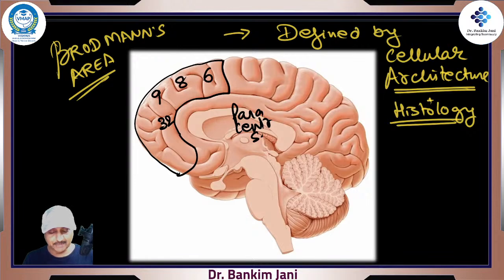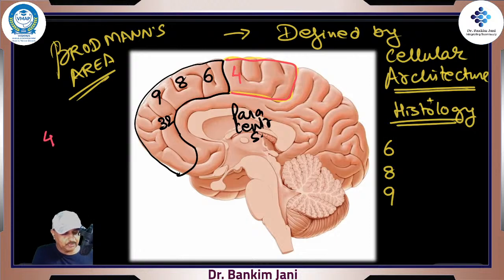So let's see 6, 8 and 9, what will they be doing? Which area would be over here? Over here, it would be area number 4, that is part of the primary motor cortex.